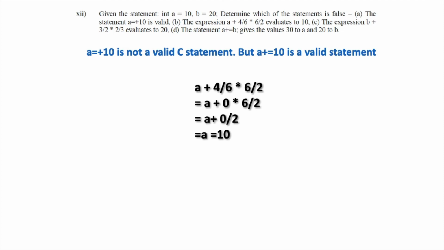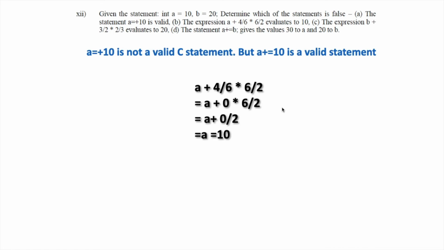Answer will be A. But we also look at option B, the expression a plus 4 by 6 into 6 by 2 evaluates to 10. Let's see. In case of B, we see a plus 4 by 6 into 6 by 2.